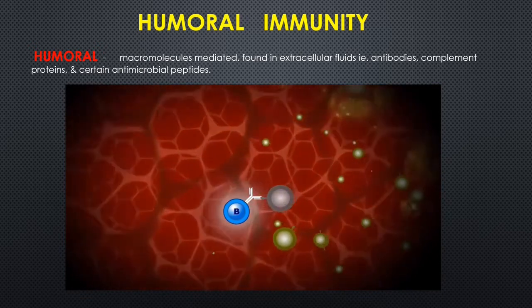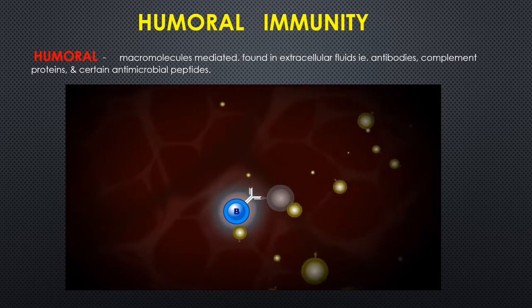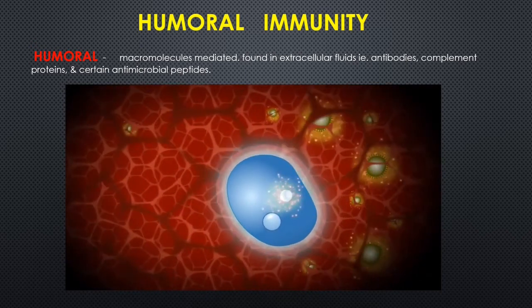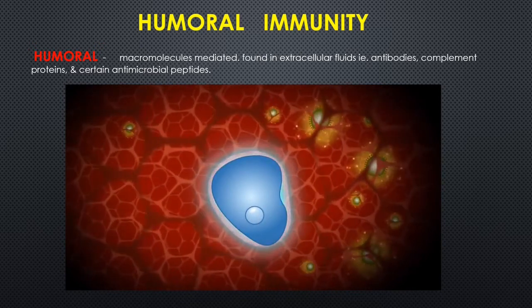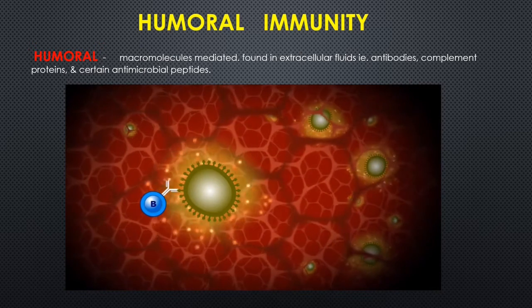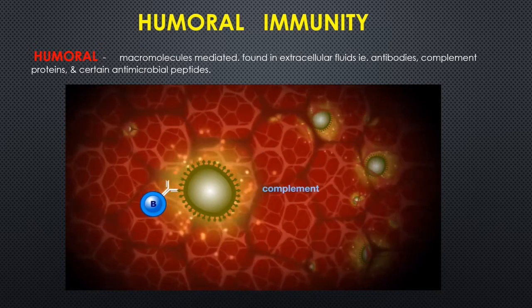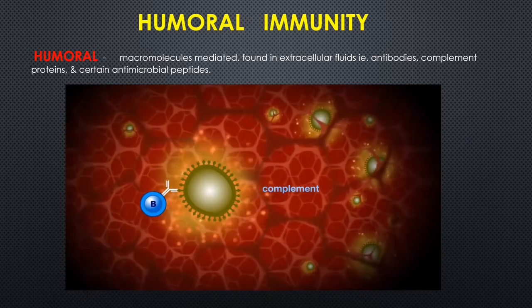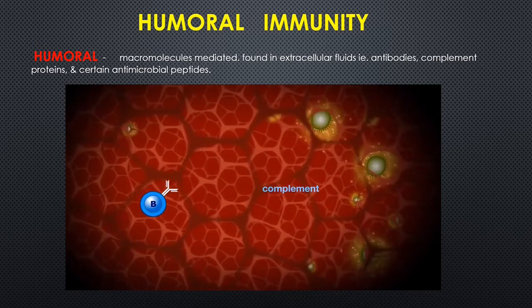If it encounters a toxin, then it may immobilize it and effectively neutralize it. Second, a macrophage or neutrophil may attach and engulf the antigen-antibody complex. And third, the antigen-antibody complex may activate the complement system, a complex cascade of proteins capable of destroying the antigen.